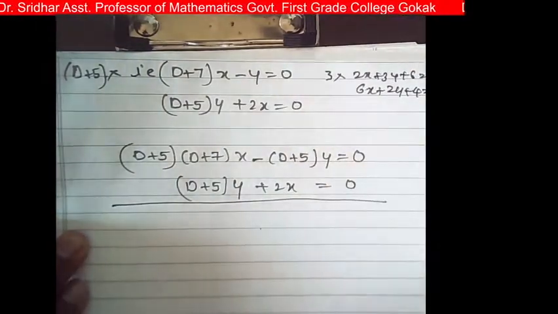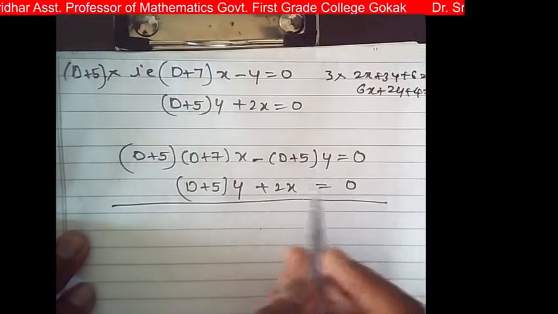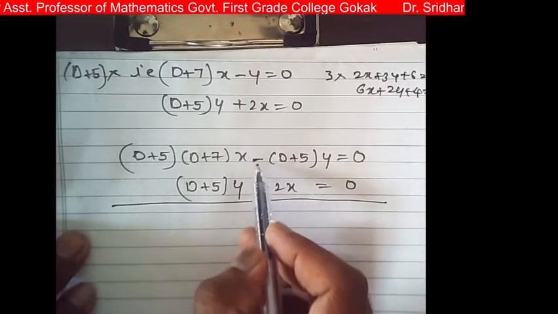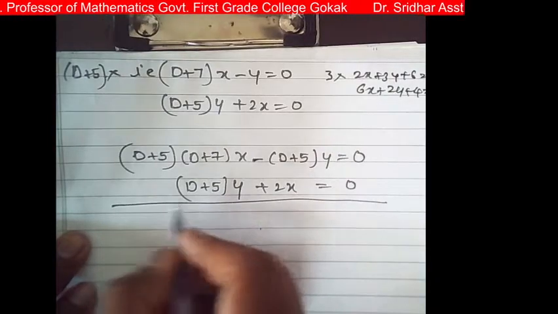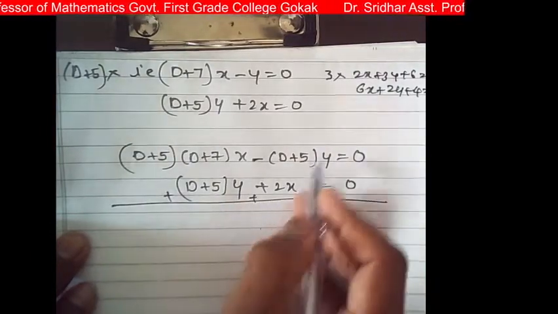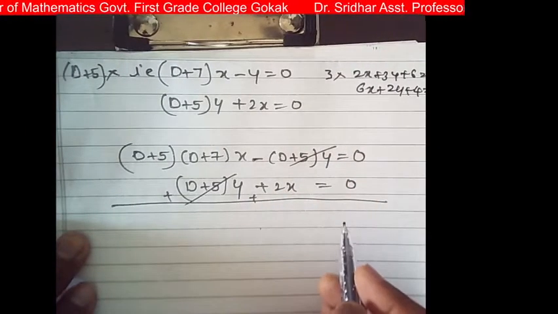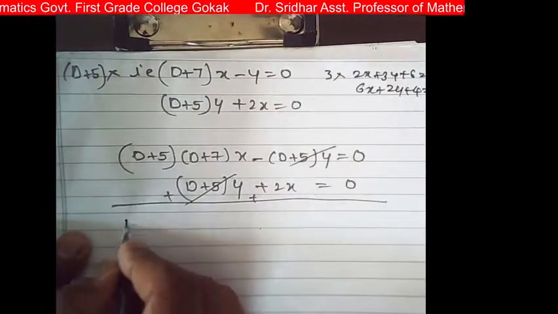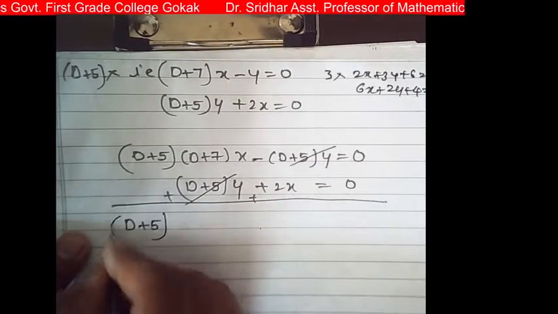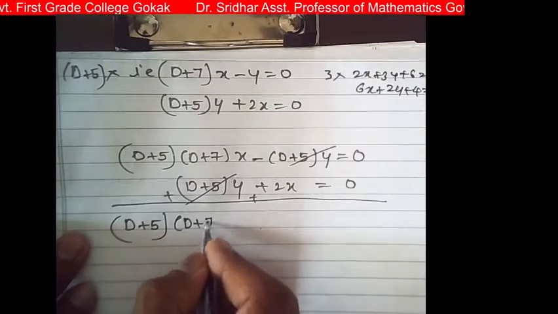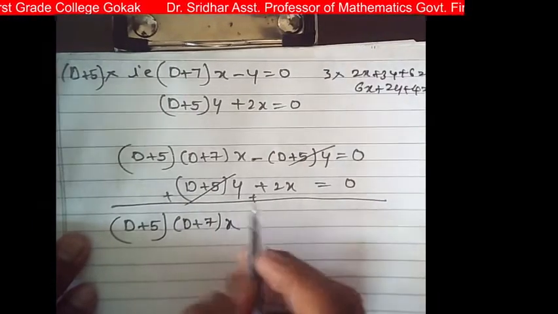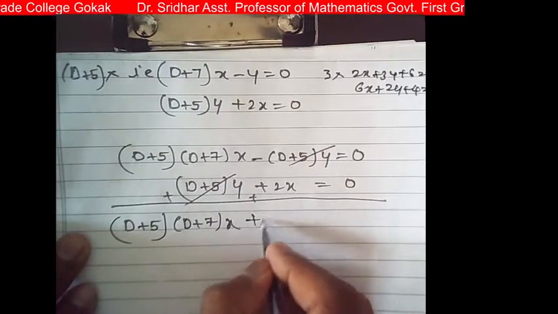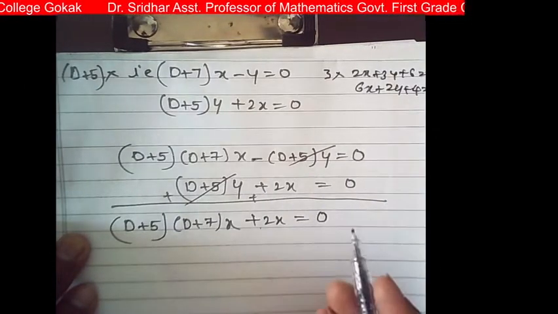Now draw a line, then add these two. This is plus and this is minus, so (D+5)y and minus (D+5)y get cancelled, and if you add these two, you will get (D+5)(D+7)x + 2x = 0.